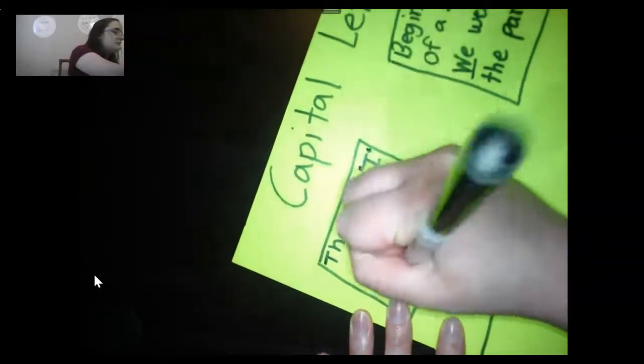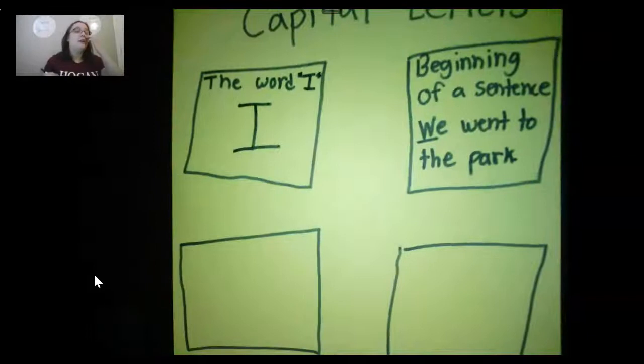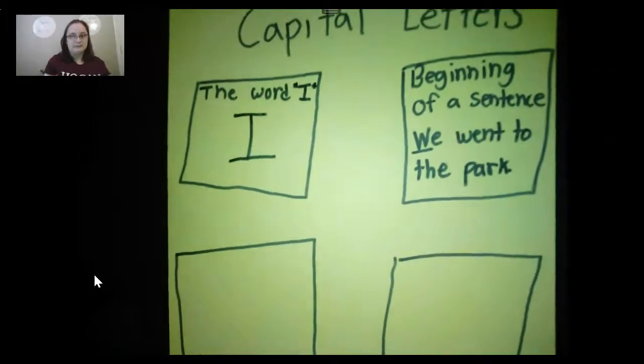And remember, I is also a sight word, and we all know the word I. So that is always capitalized. We have the word I, and the beginning of a sentence.